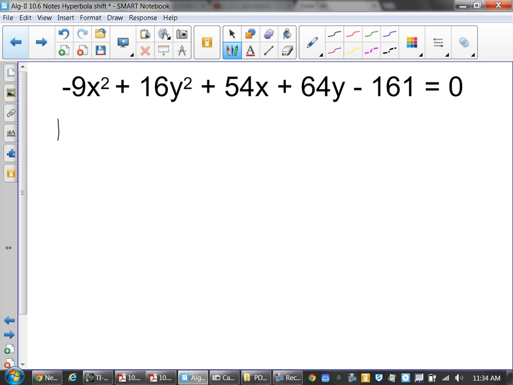I'm going to do this: 16y squared plus 64y minus 9x squared plus 54x equals 161. See what I did there? All I did is rearrange the order in which they were adding, which I can do, because that's the commutative property. 2 plus 3 is 3 plus 2.